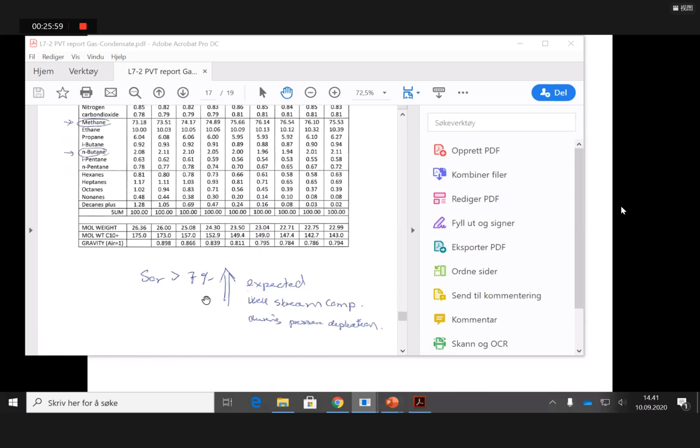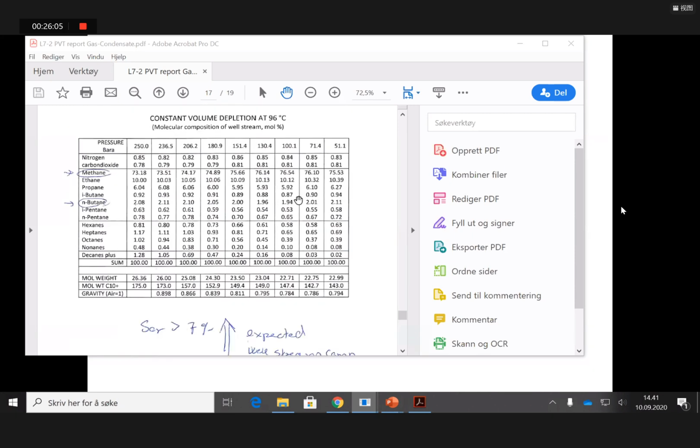And as we said, this is in a way the production and composition of the production during the lifetime of the reservoir, expected production.